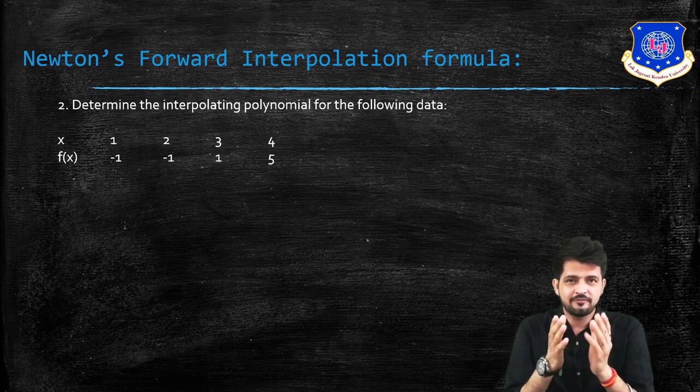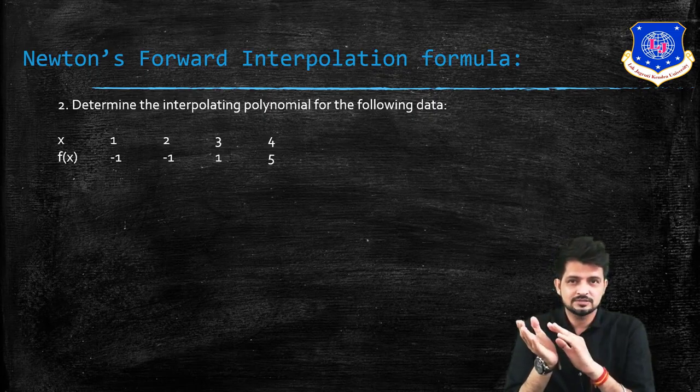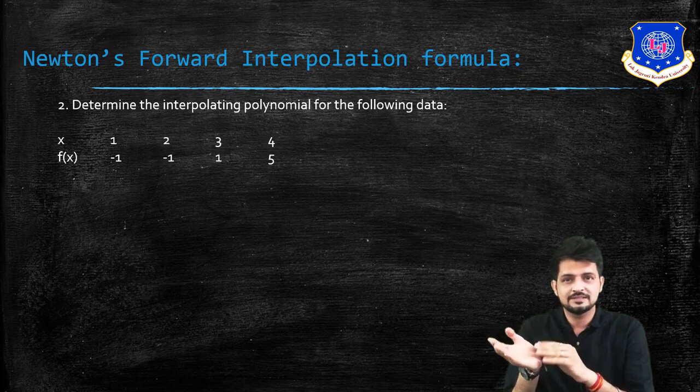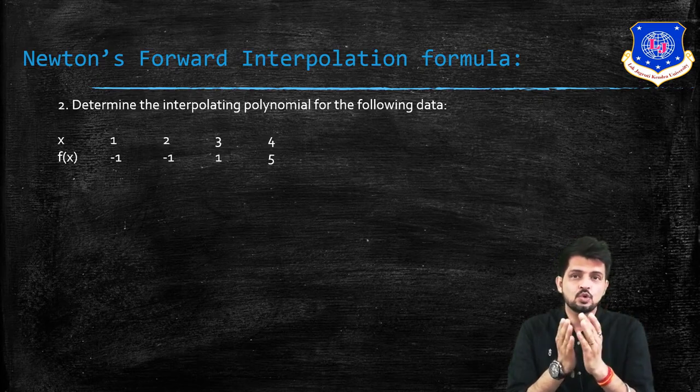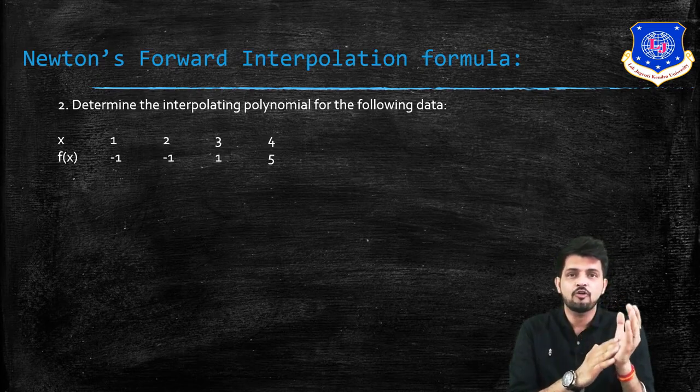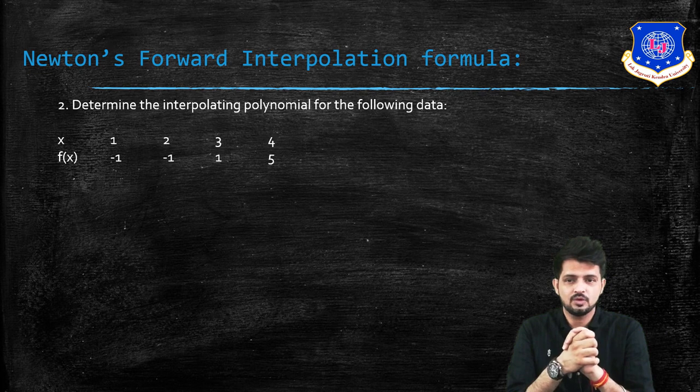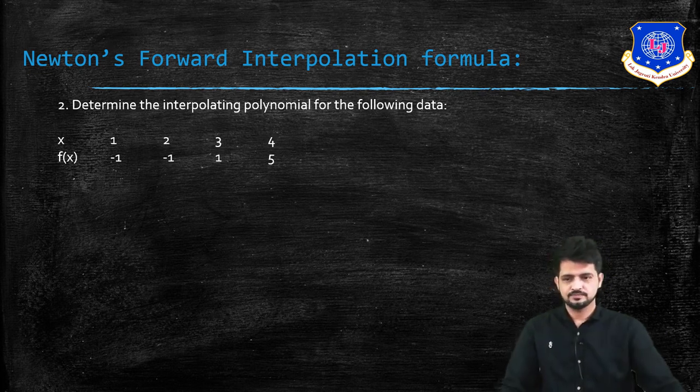What is the difference between that particular sum that we have solved in the previous lecture and this sum? The main difference is we have to find the interpolating polynomial. In that numerical we had to find the value of the function. Here we are not interested in finding the value of the function, we have to find the polynomial. So our answer should be in form of x. Fine, so let us solve this.